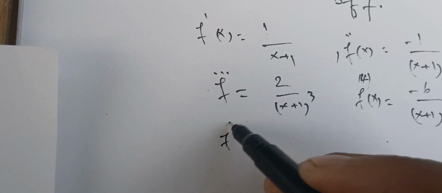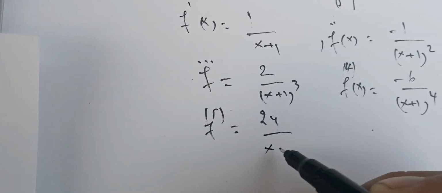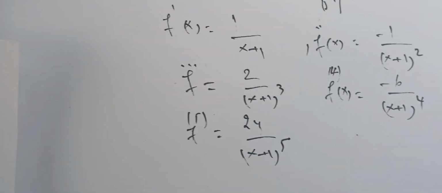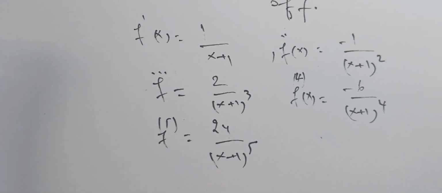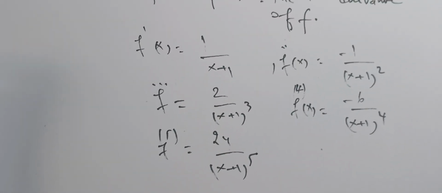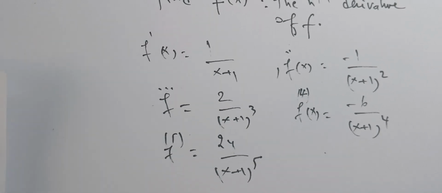If we do 5, we're going to have 24 over x plus 1 to the power 5. Okay, how did I know this? I did them by hand, and I had to see what's going on to find a general formula here.